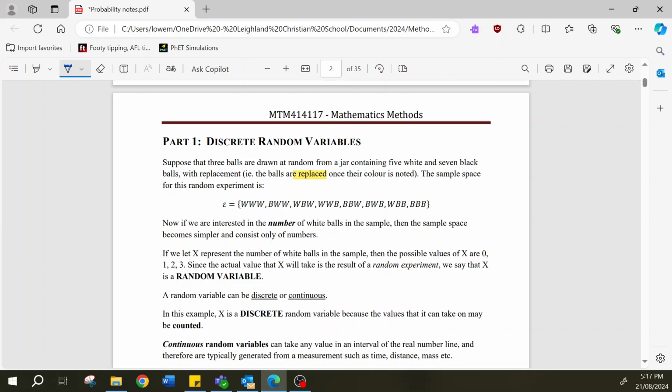Now, if we are interested in the number of white balls in the example, rather than the particular order with which they're drawn out, the sample space is going to become simpler and consists only of numbers.